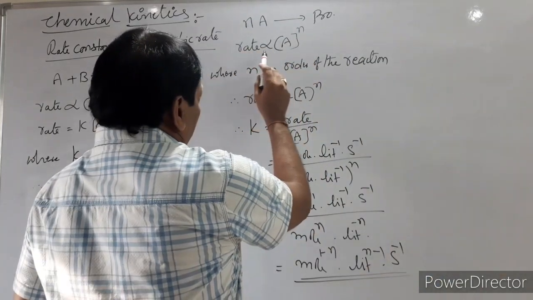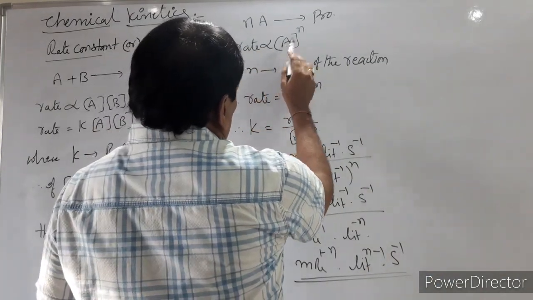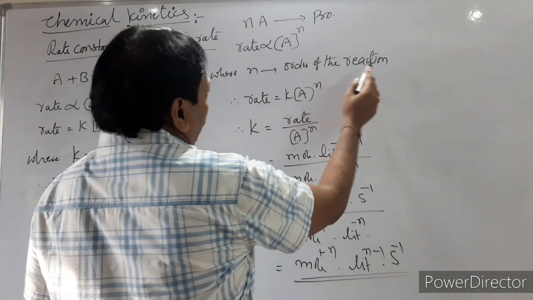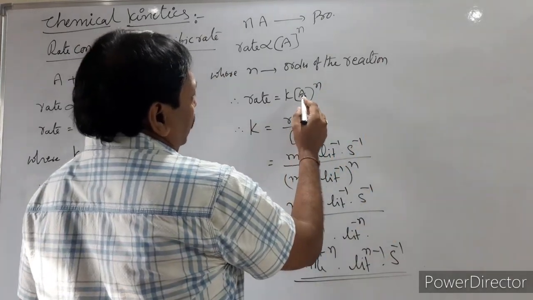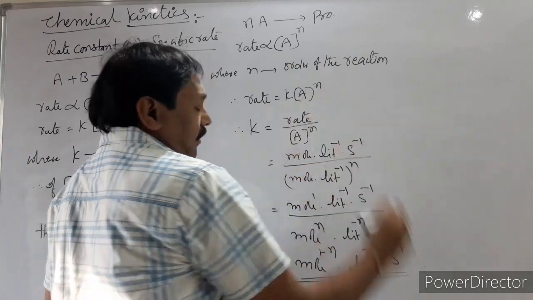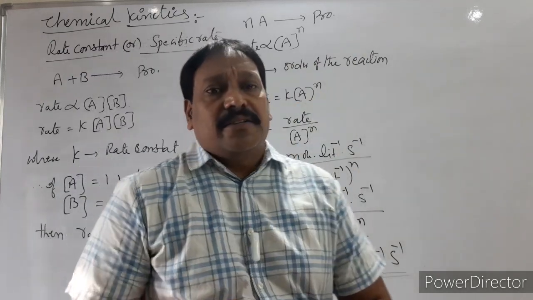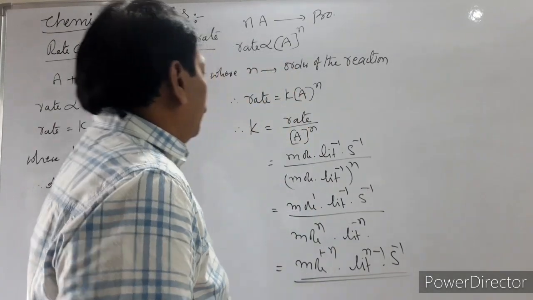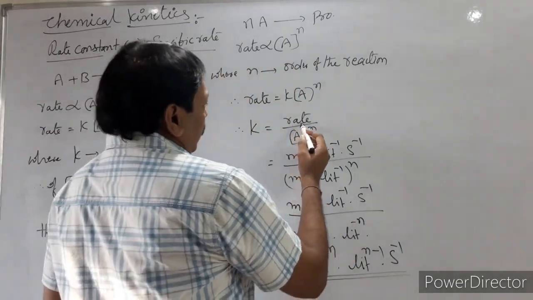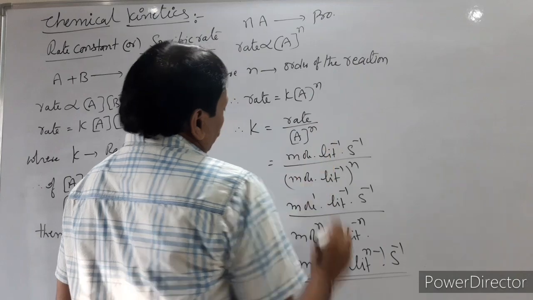Therefore, rate is directly proportional to A power n, where n is the order of the reaction. The rate is equal to K into A power n, where K is the rate constant or specific rate. Therefore, K is equal to rate divided by A power n.